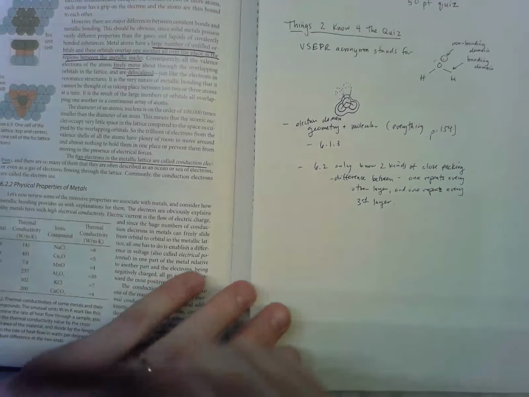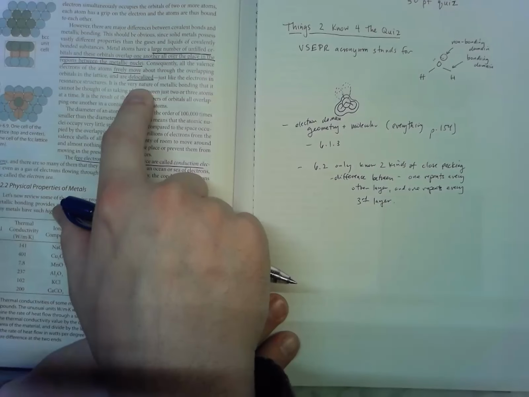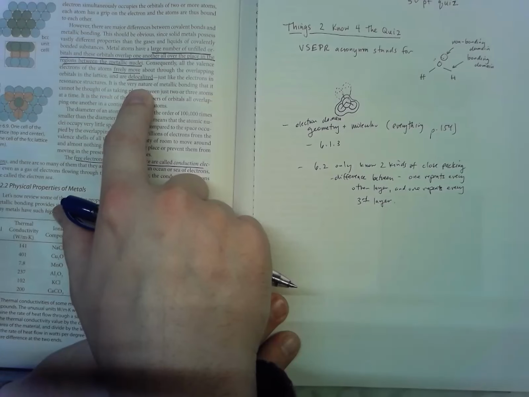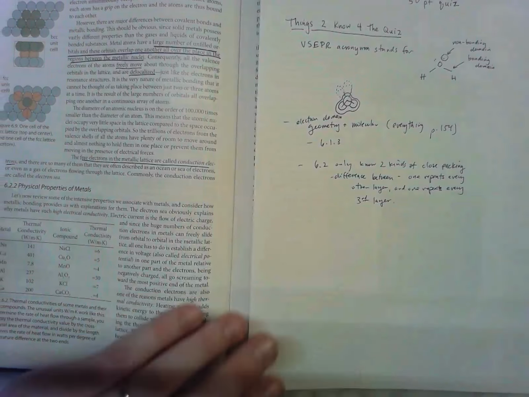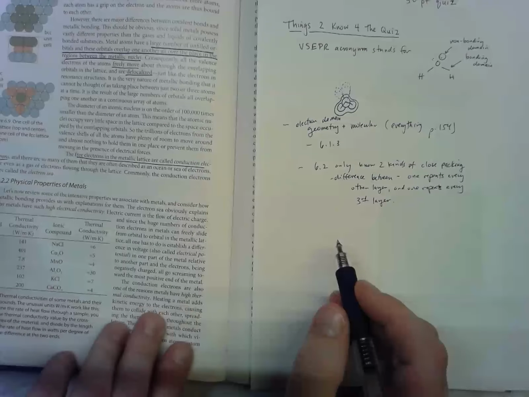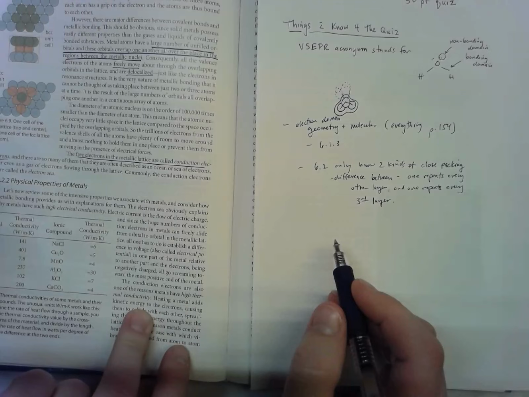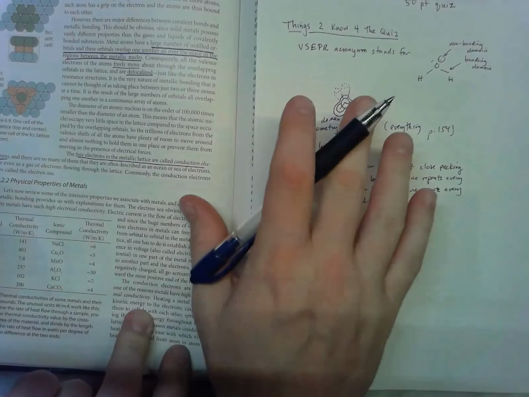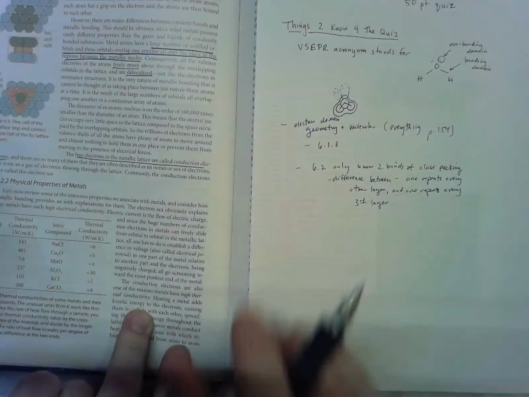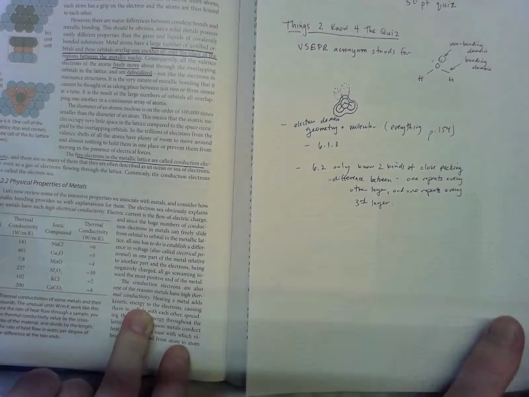You need to know that electrons are delocalized in metallic bonding. Okay, and that metals have what? High thermal conductivity, they conduct a lot of heat very easily, and high electrical conductivity, they conduct electricity very easily.